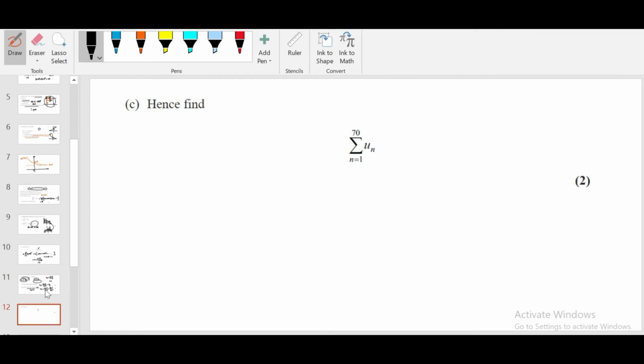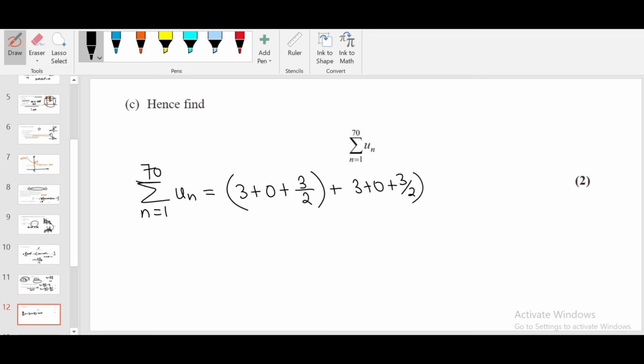Next part now. Find the sum for n equal to 1 to 70. This is one of the most common questions. You will get a periodic sequence. The sum of Un is U1 plus U2 plus U3 plus U4, U5, U6, etc. There are a total of 70 terms.